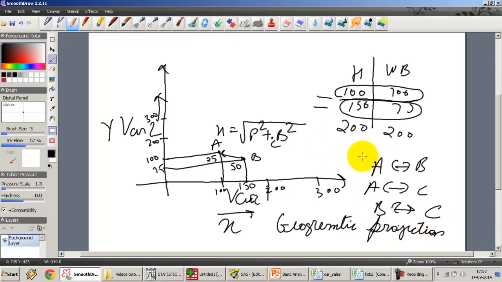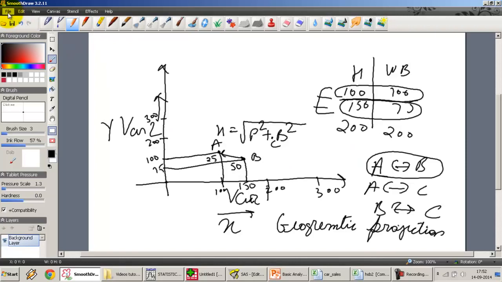I'm going to carry out the calculations to figure out the distance between the three cars using the Pythagoras theorem. And finally, I'm going to identify the pair which is the closest together. In this case, I can say maybe pair A and B are the closest to each other. Therefore, cars A and B are the most similar compared to the third car when I measure them only on horsepower and wheelbase.